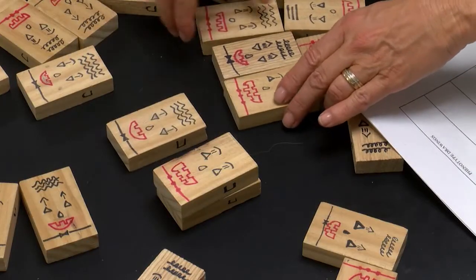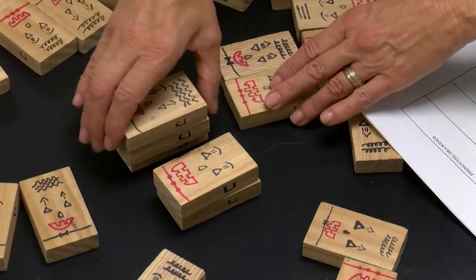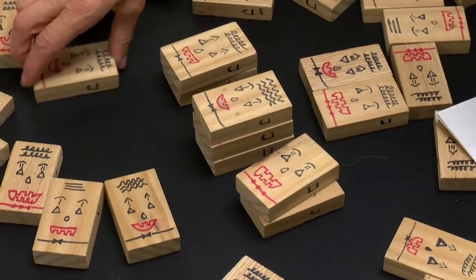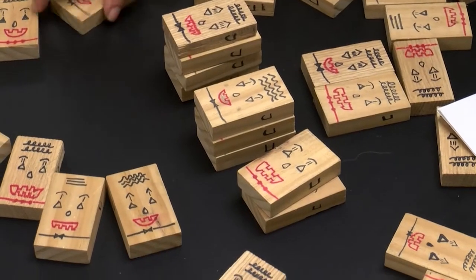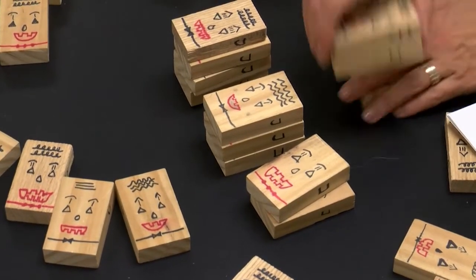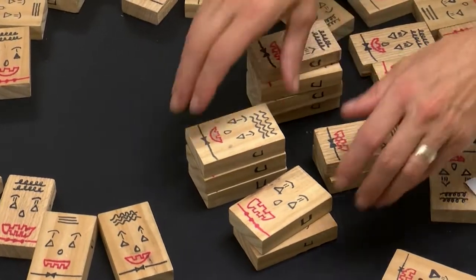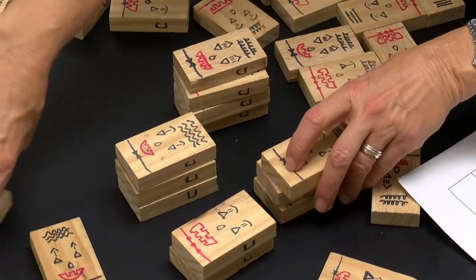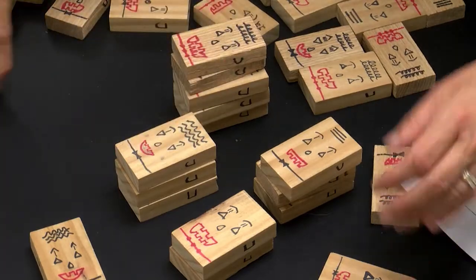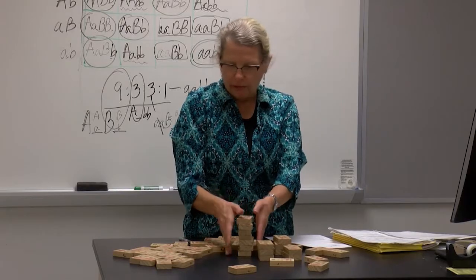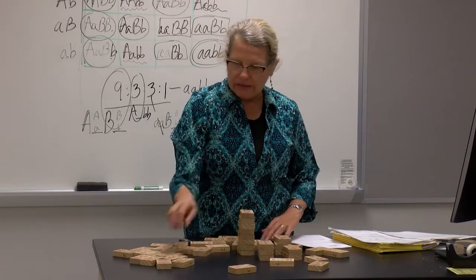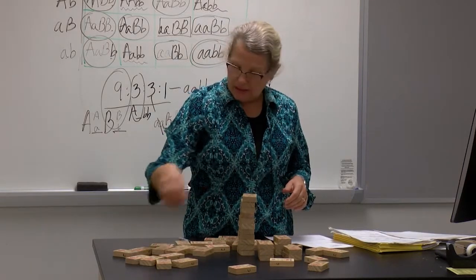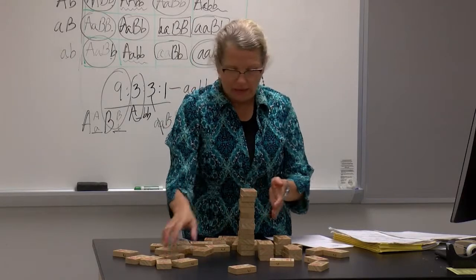Okay, all the wavy-haired people or blockheads in another pile, the curly-headed blockheads in another pile, and then the straight hair in another pile. Okay, so we've got bald, straight, curly, and wavy. So all we're doing right now is getting our data. We're putting them in piles based on their trait.